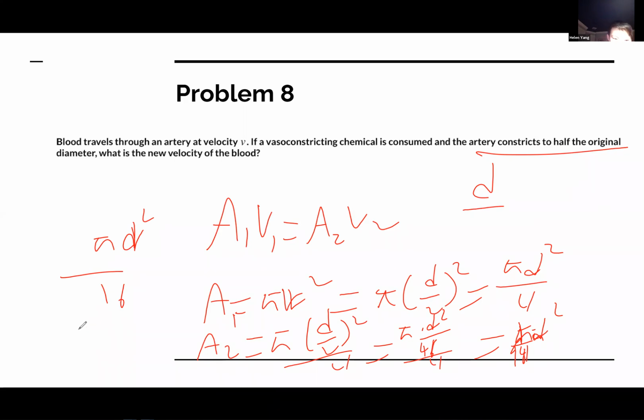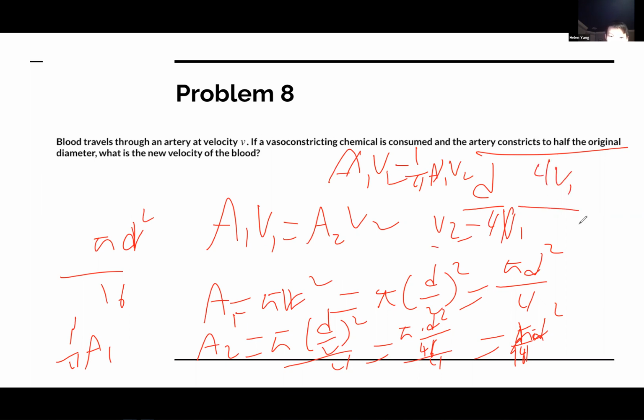Which is just 1/4 of A1. So it would be A1 times V1 is equal to 1/4 A1 times V2. So cancel out the A1s and get V2 is equal to 4 V1. So the new velocity is 4 times the original velocity.